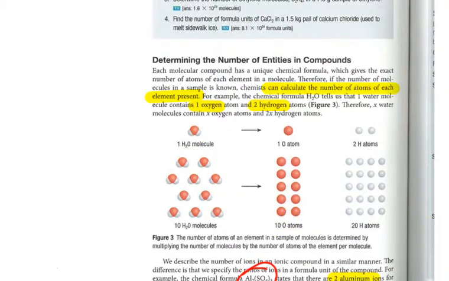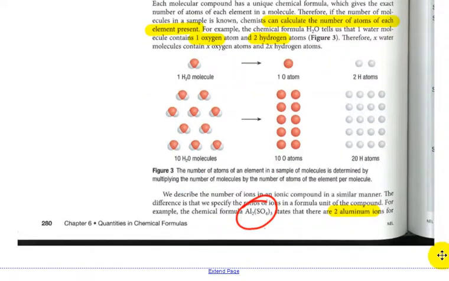Similarly, if we look at an aluminum sulfate compound, now aluminum is a metal, SO4, those are all nonmetals, so that's not a molecule, it's referred to as a formula unit of aluminum sulfate. We use that for ionic compounds.